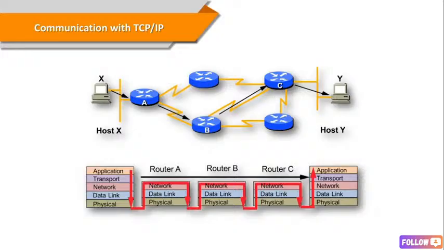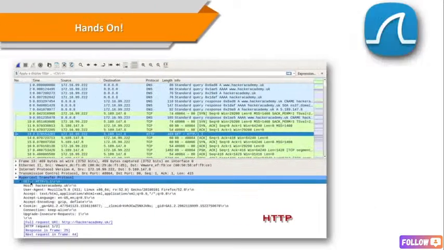When it stays within the same LAN, it only passes through switches, which decapsulate it at the layer 2 header containing the MAC address. So as a result, the header changes as the packet is re-encapsulated, as does the MAC address fields. So let's examine the packets and protocols with Wireshark.